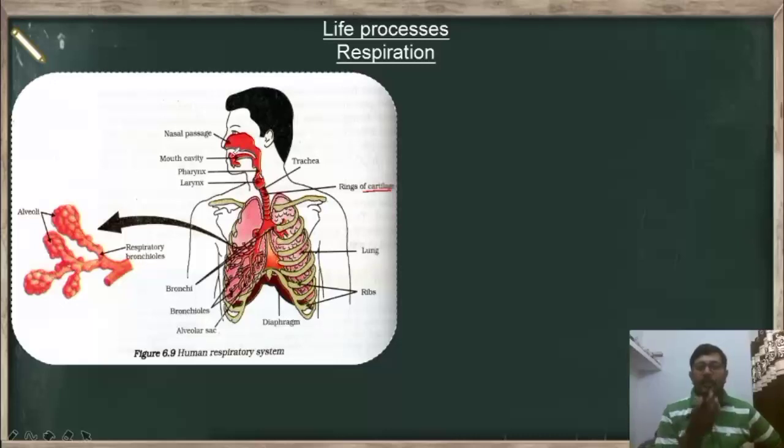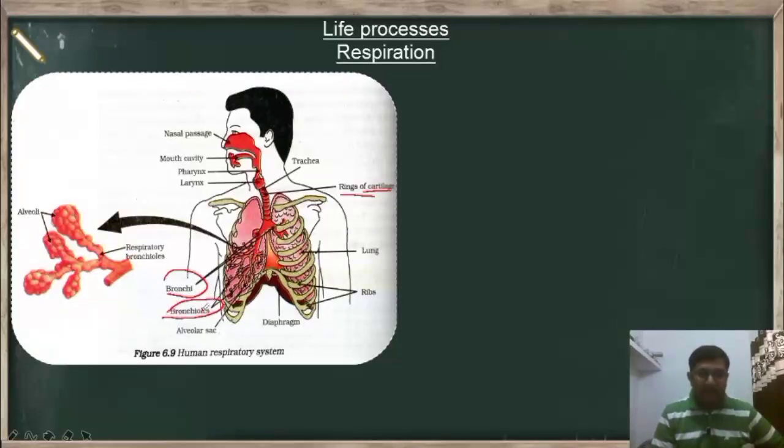And then the air enters into the trachea. Here the trachea is protected by rings of cartilage, and these rings of cartilage protect the trachea from collapsing. Then the trachea divides into two parts, which are called bronchi, and the bronchi enter into the two lungs, that is the left and right lung, and in the lungs it divides many times to form bronchioles.